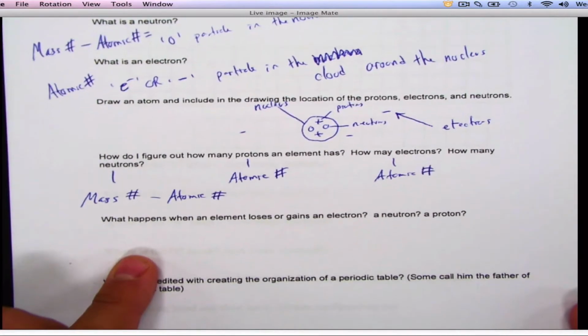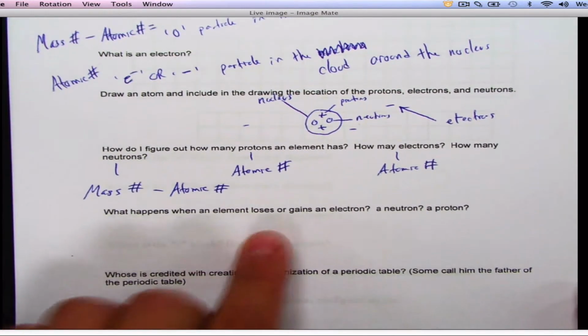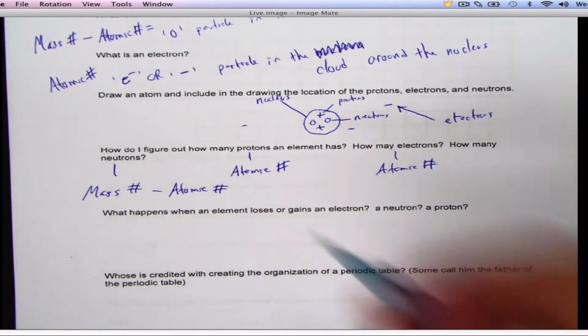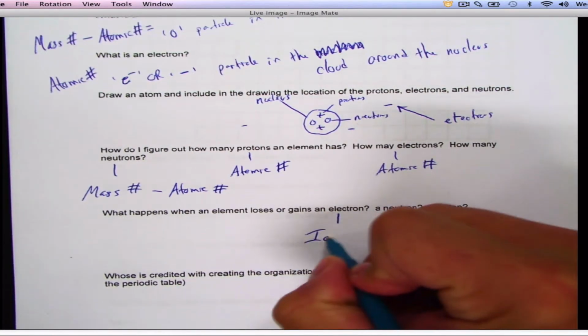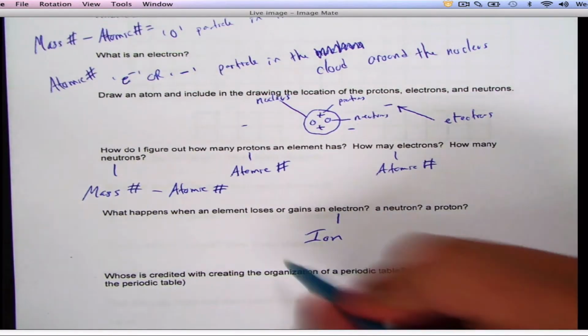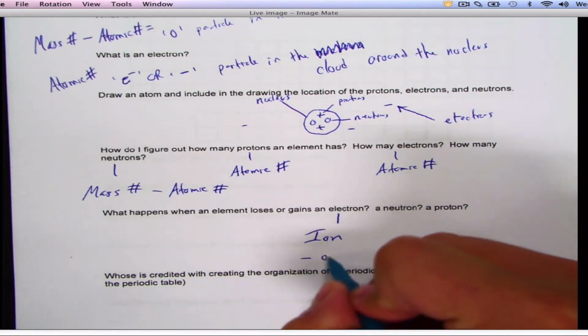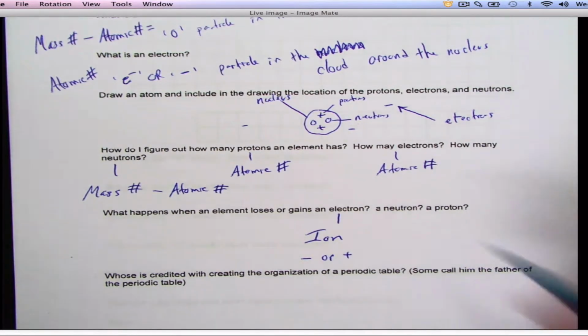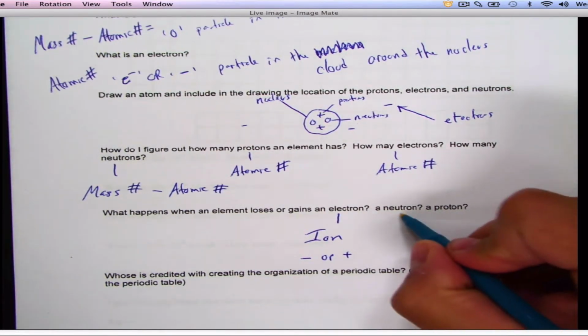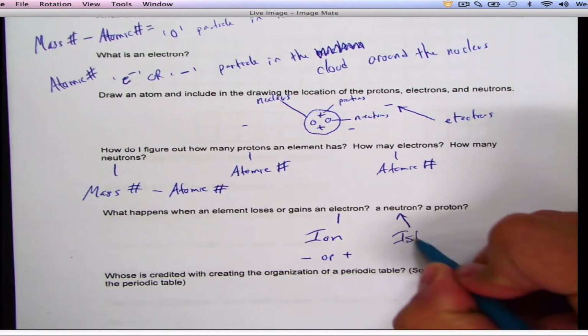Now, when elements lose or gain electrons, they become an ion. So when we lose or gain electrons, it becomes an ion. And an ion is going to be negatively or positively charged. All right. If we lose or gain neutrons, it's called an isotope, which I didn't even spell right.